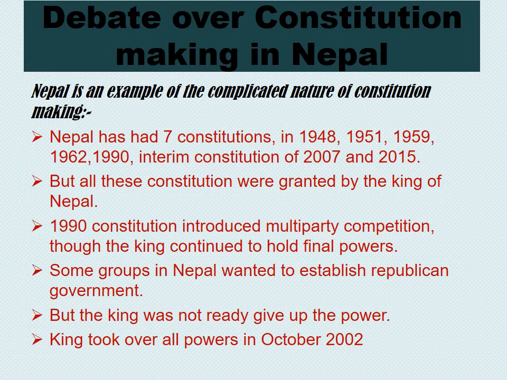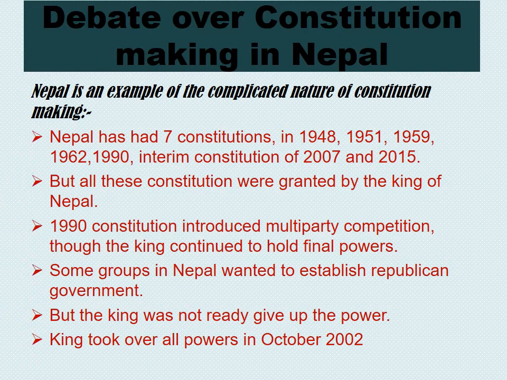But all these constitutions were granted by the King of Nepal. The 1990 constitution introduced multi-party competition, though the king continued to hold powers in many respects.